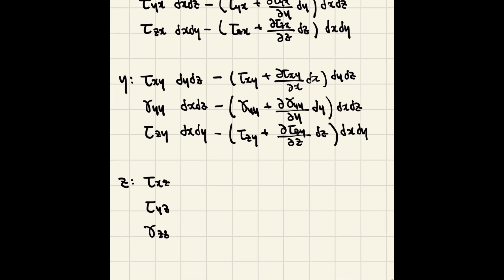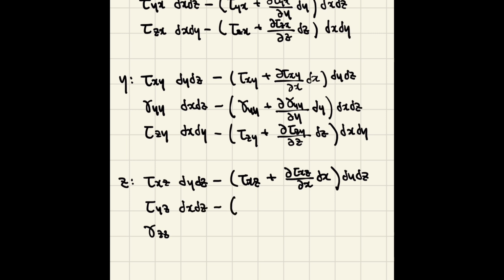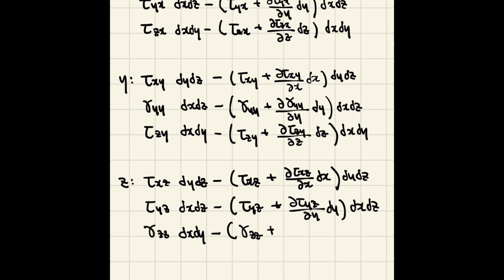So for the z direction, we know that this one will be tau xz dy dz minus, partial, sigma zz plus partial sigma zz partial z bz dx dy.